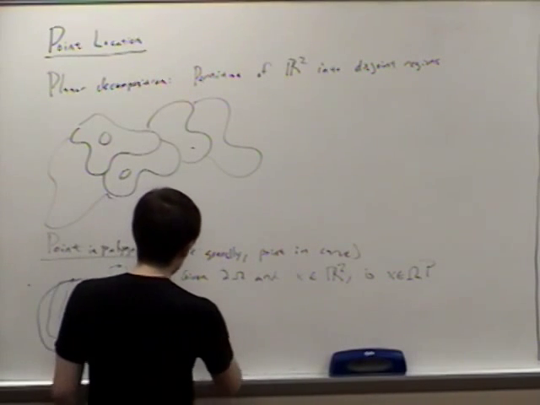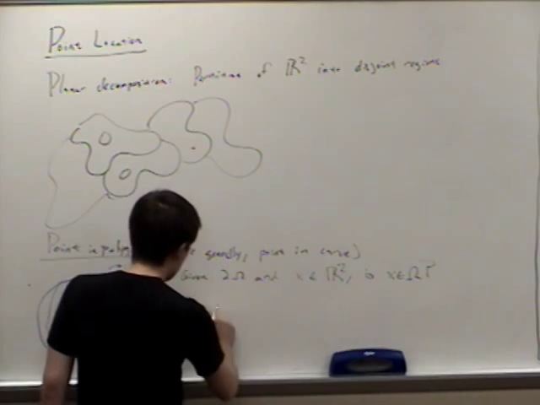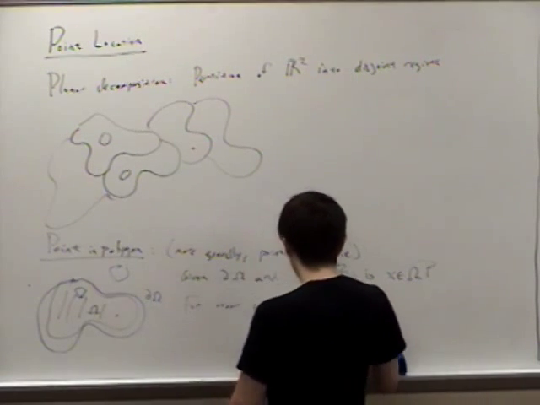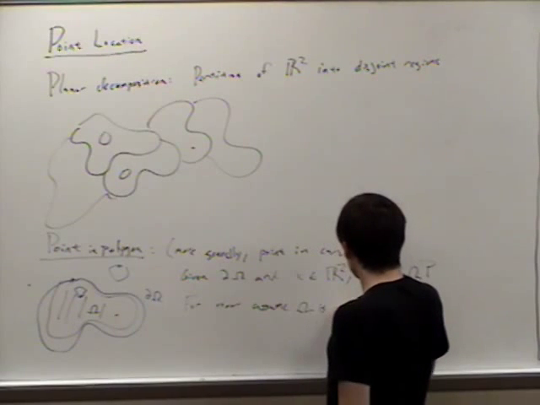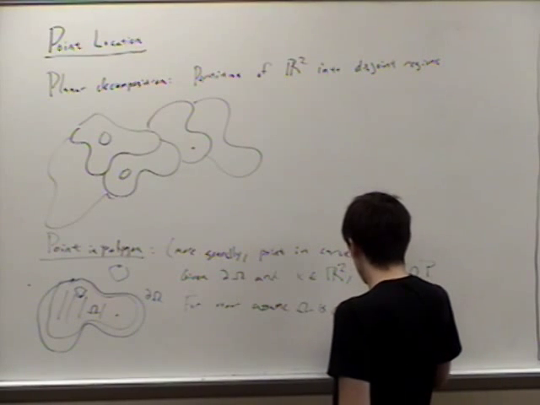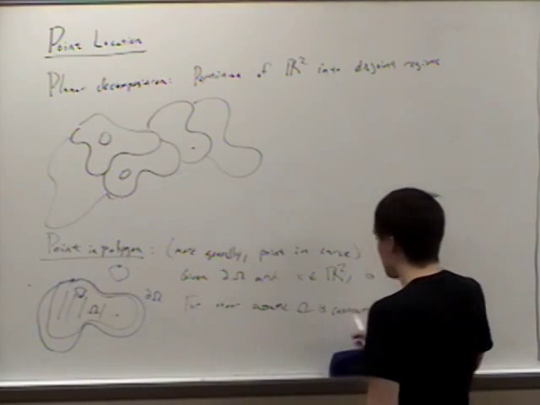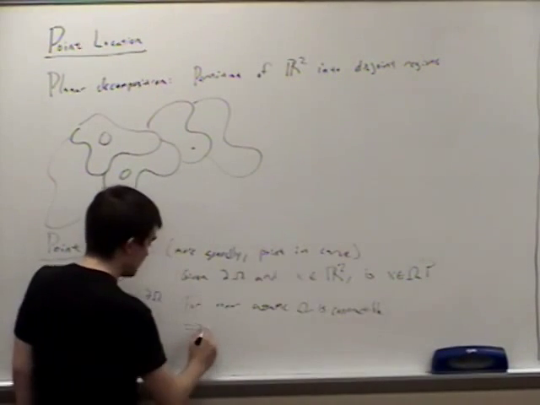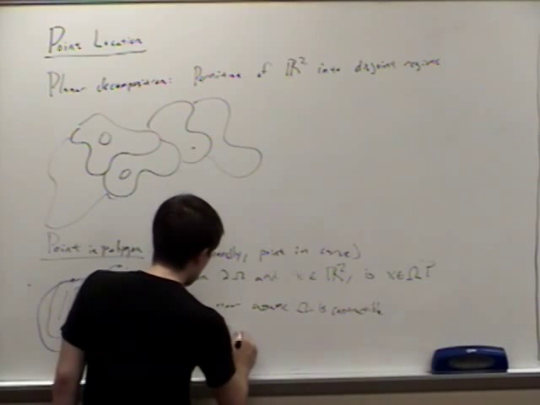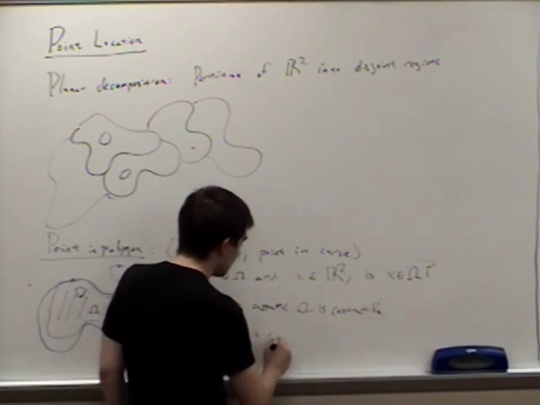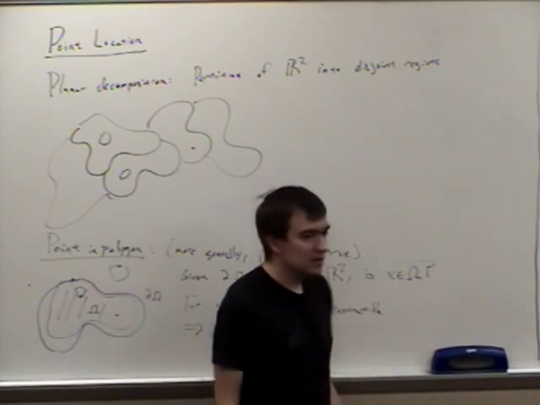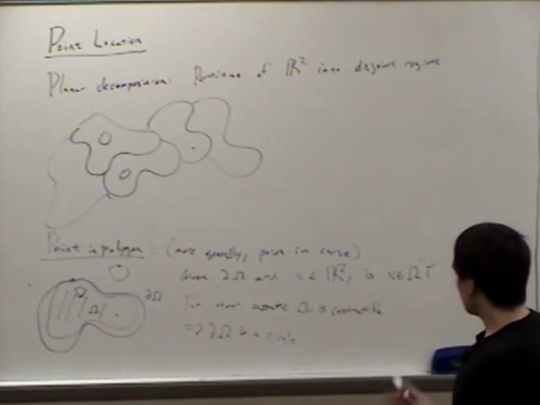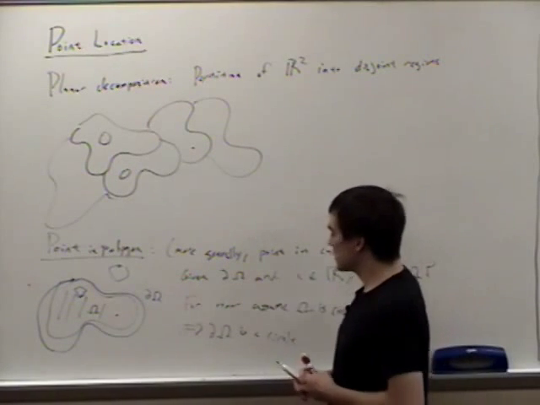So for now, assume omega is contractible. And this implies that the boundary of omega is a circle in a topological sense. So it's basically a 1D sphere. OK, that's the concept right there.